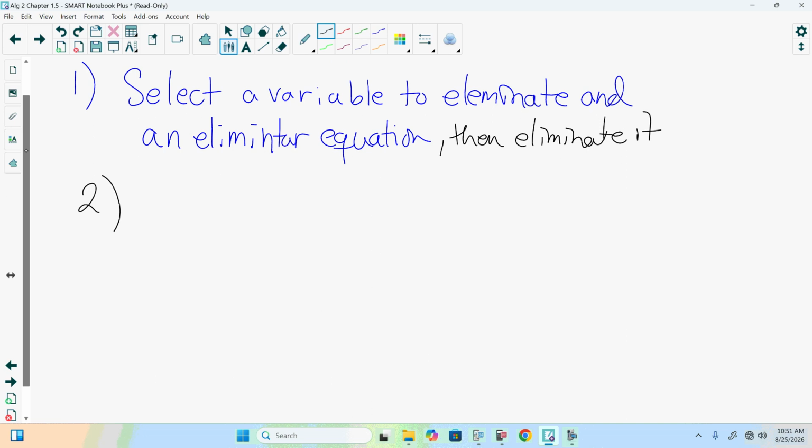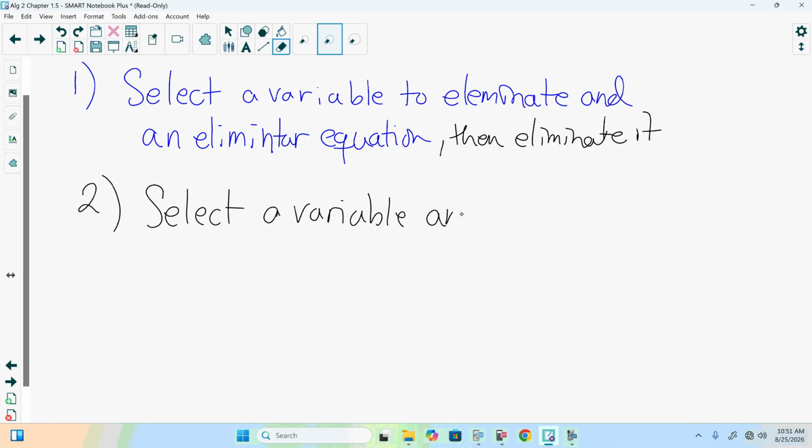The second step is to, again, select a variable and eliminate it. Because we're going to go from 3 equations with 3 variables down to 2 equations with 2. With those 2 equations with 2 variables, we need to select another variable and eliminate it.